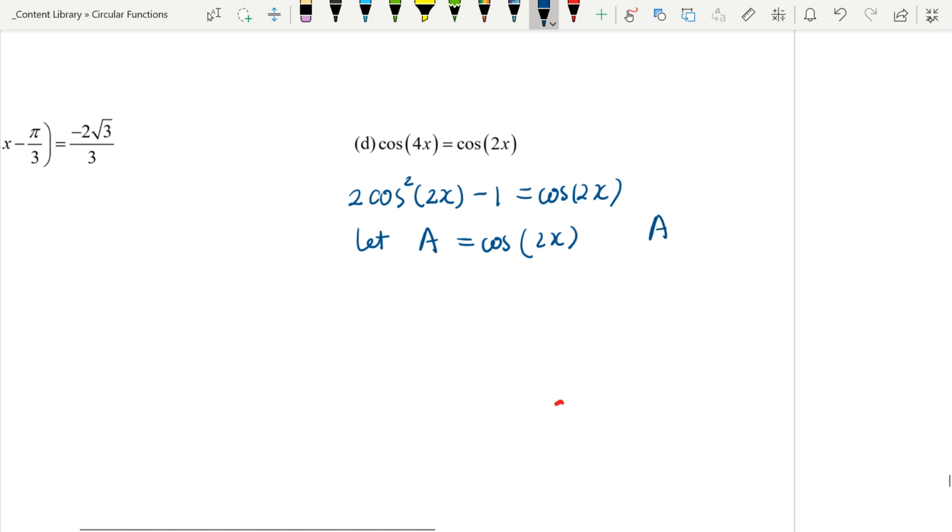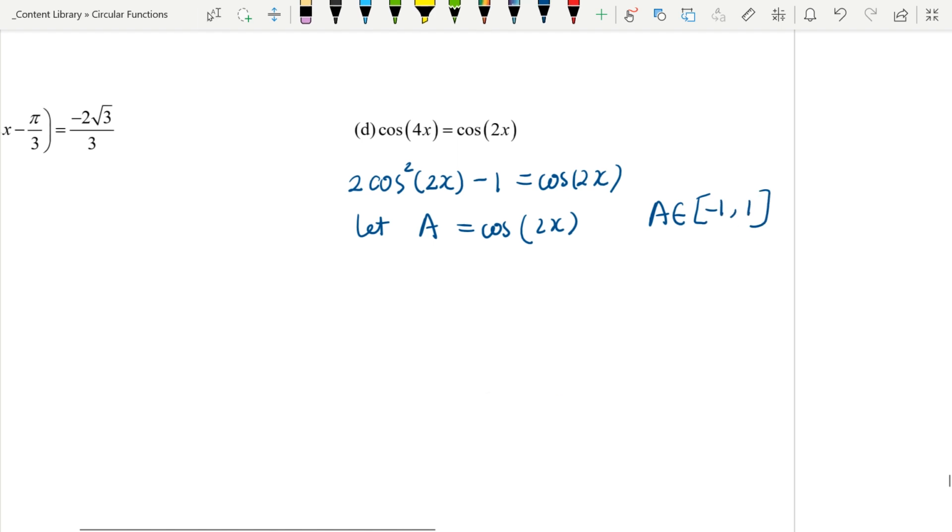So what does your A belong to? Negative 1 to 1. Okay, the range of cos is negative 1 to 1. So when you solve out A, your A must be in between this range.